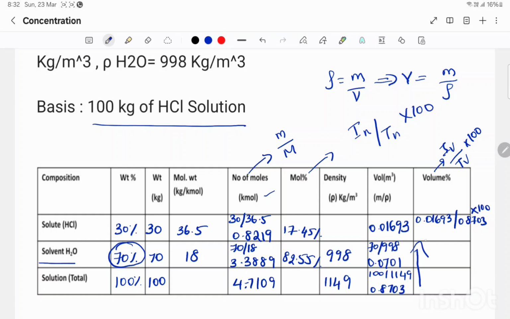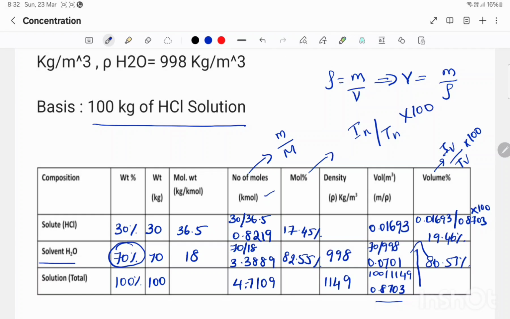That will give you 19.46%. Similarly, for the second one, 0.0701 divided by 0.8703 into 100 will give you 80.57%. So now with this table, from the weight percentage, we have calculated mole percentage and volume percentage.